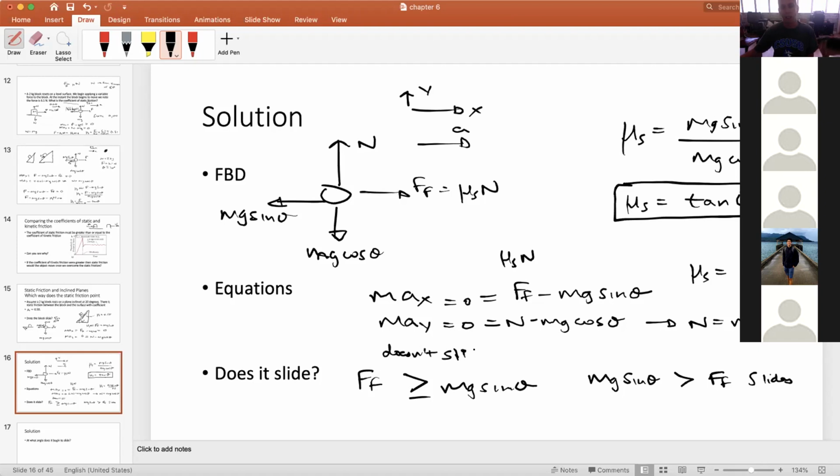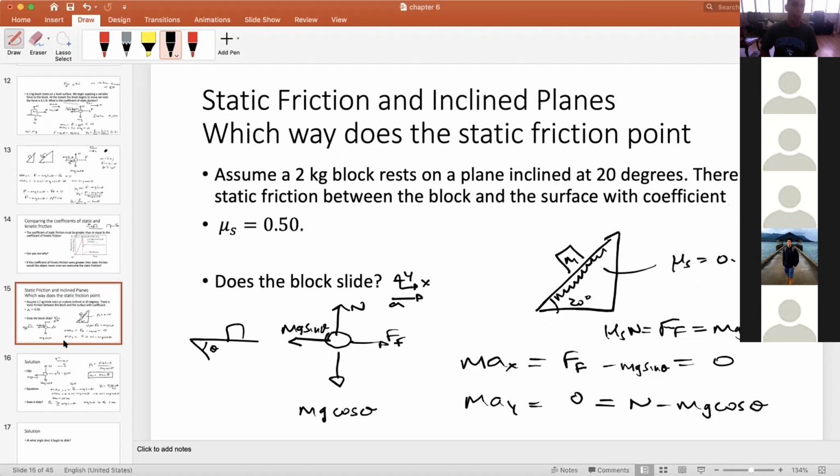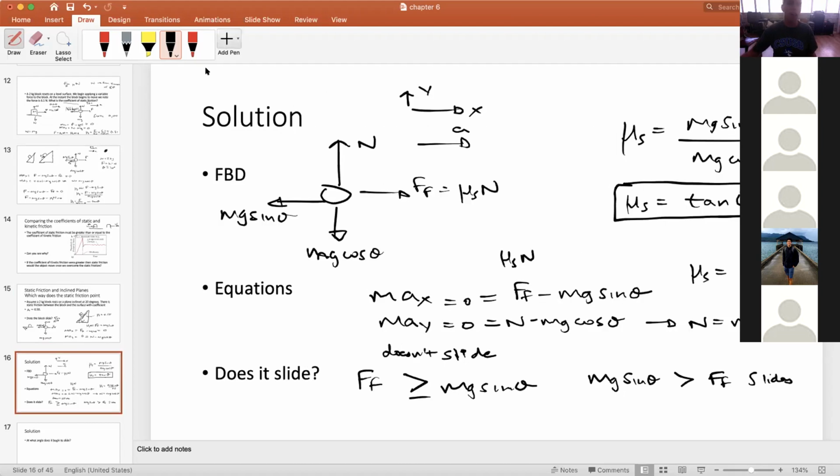Okay. So you could find the force of friction and mg sine. We know that m was 2, angle was 20, and mu s was 0.5. Force of friction was mu s mg cos theta.